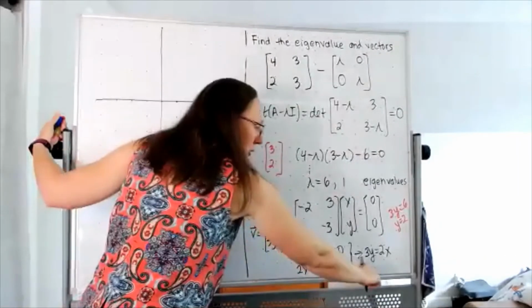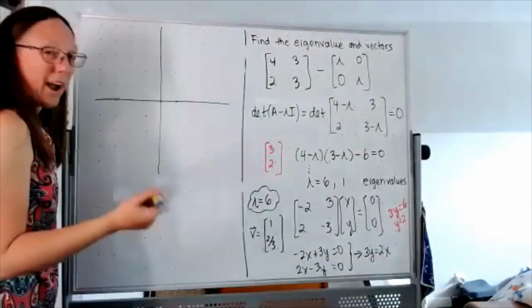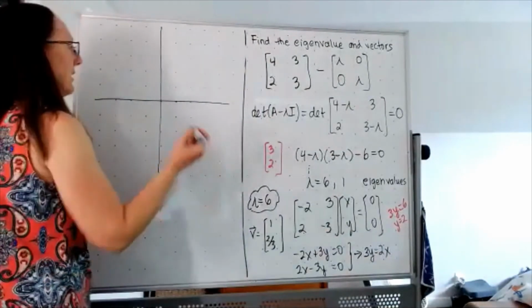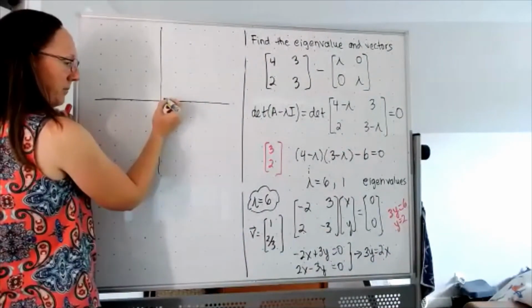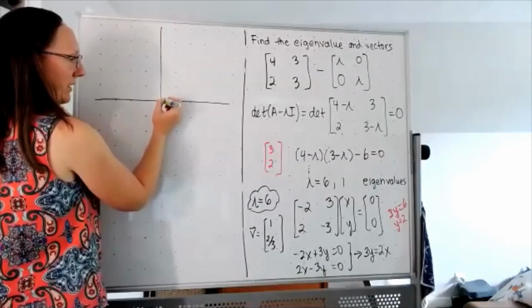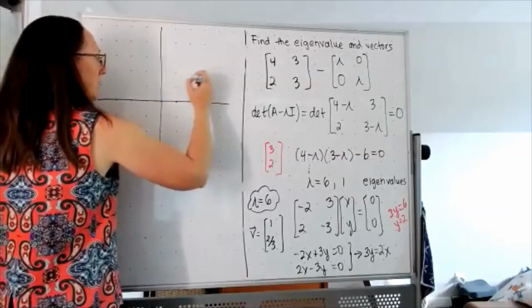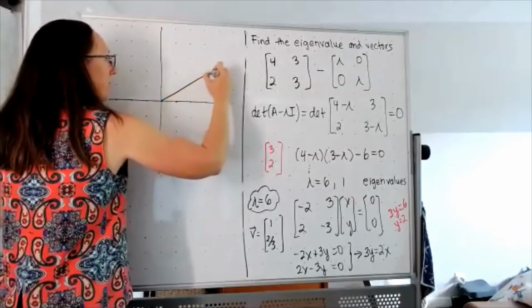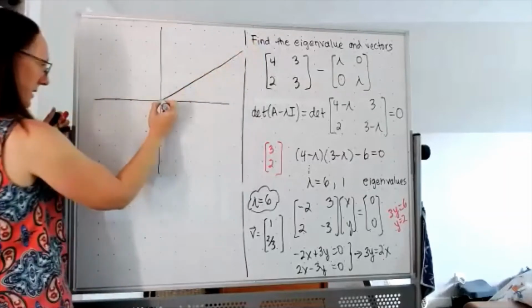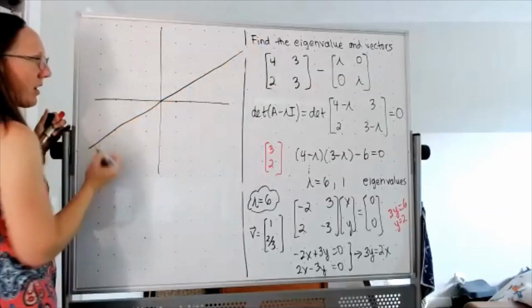So the line 3y equals 2x, or y equals 2/3 x, is looking like 3 over, 2 up. That's this line right here.